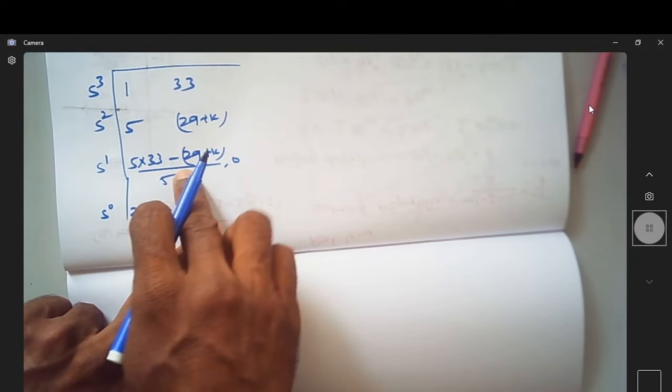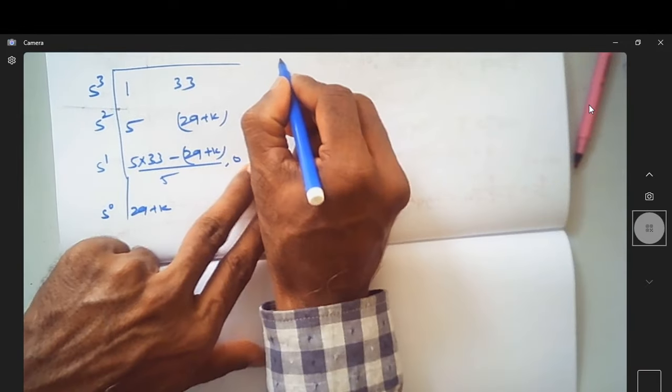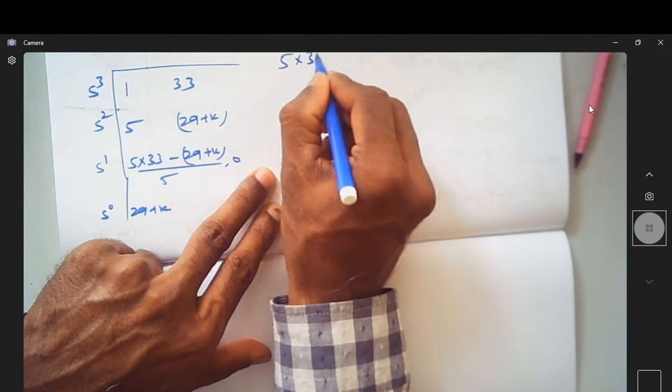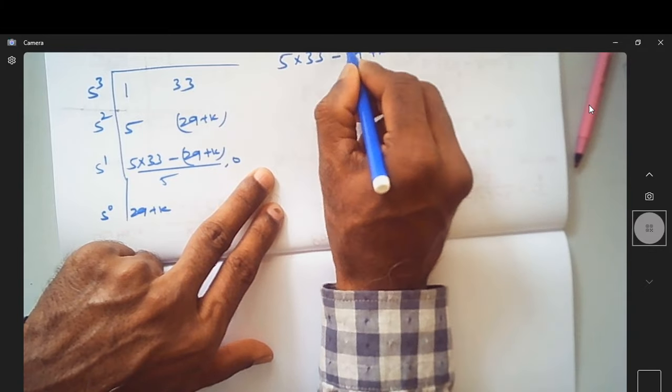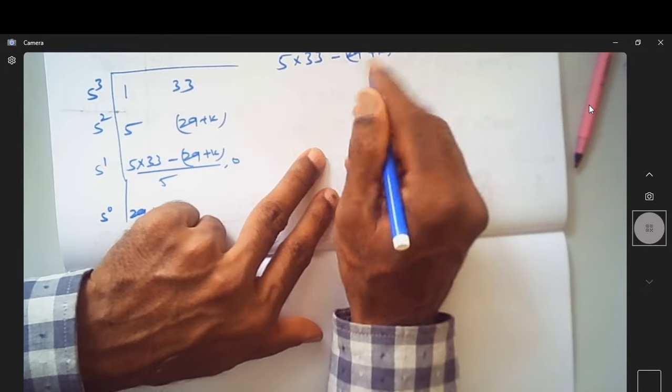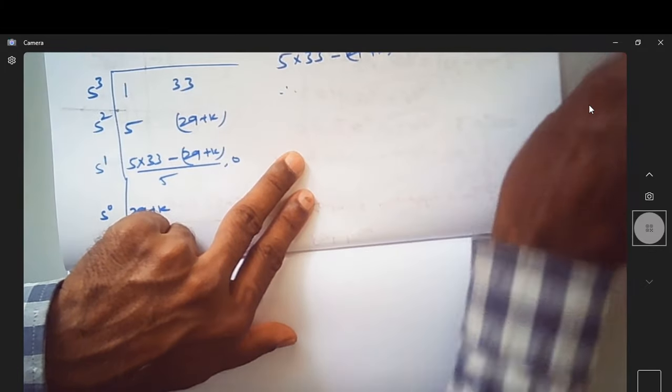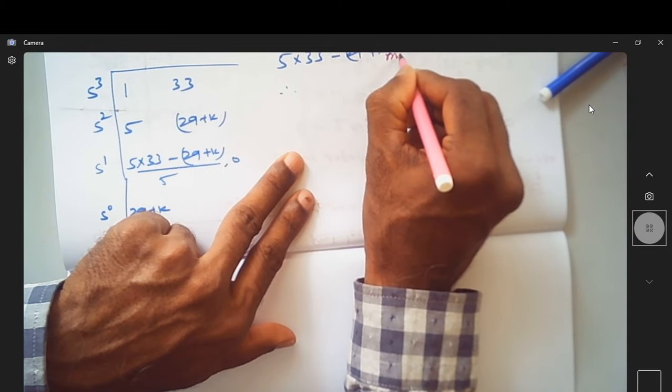So this term can become 0 when 5 into 33 minus 29 plus k is equal to 0. Therefore, this will be k margin.